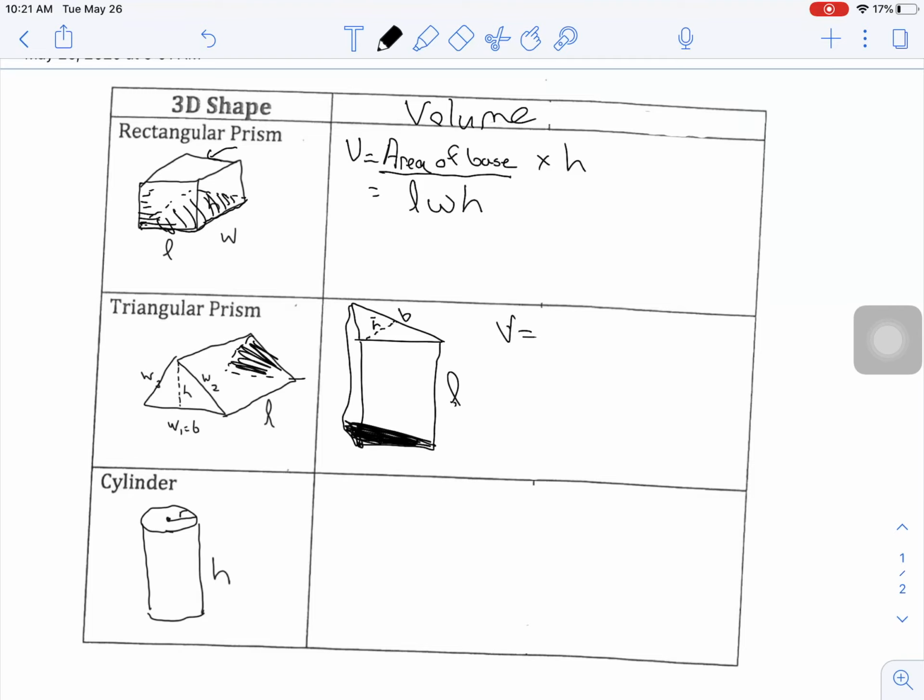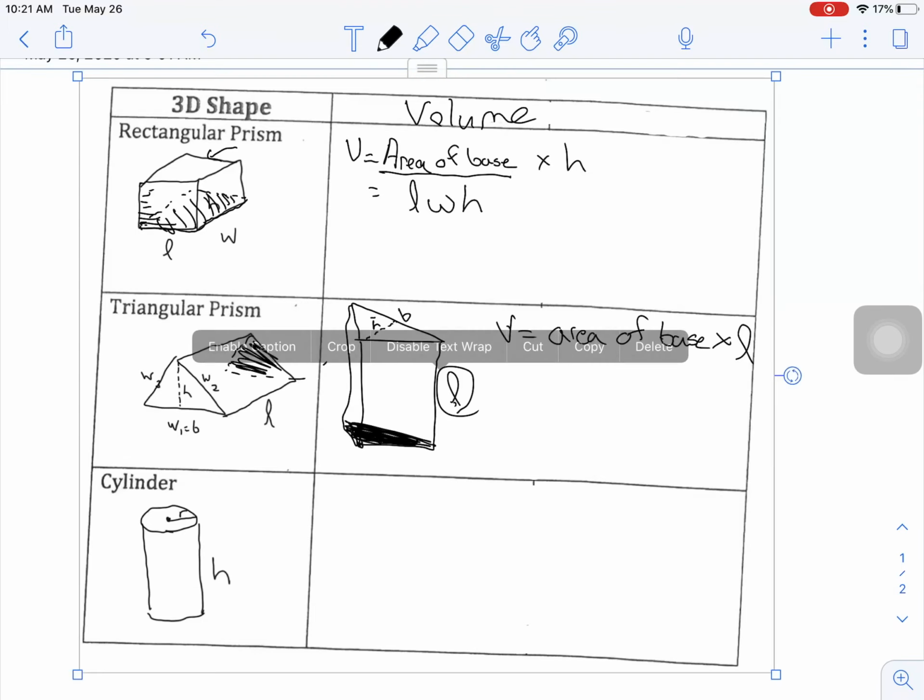So volume here would be area of base times height. But the height of this is actually the length. So we're going to say times the length. I usually say height, but just not to confuse the height of the triangle with the height of the prism, I'm going to just call it the length, because that's the length of this here.